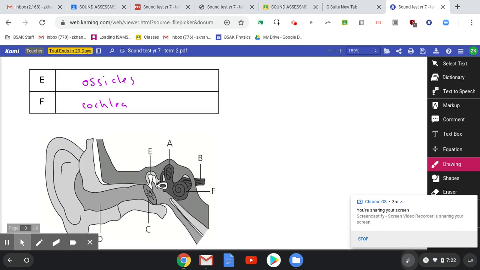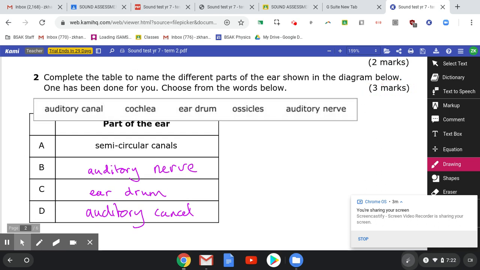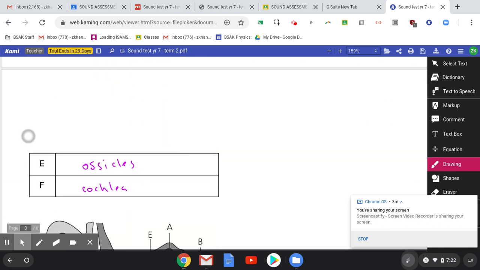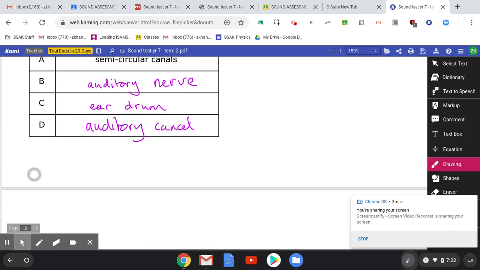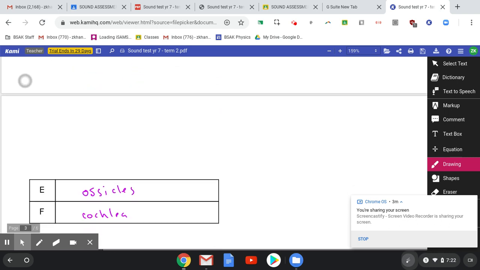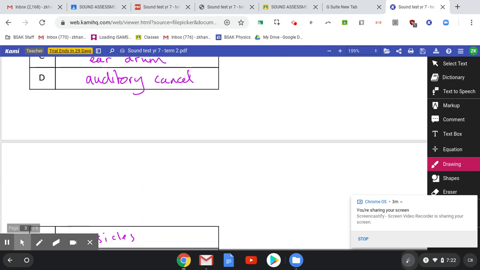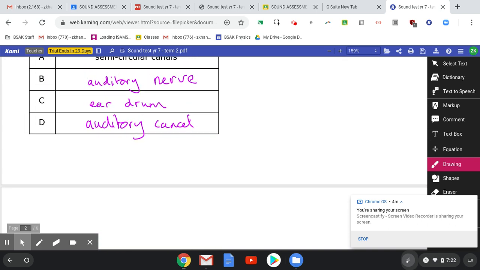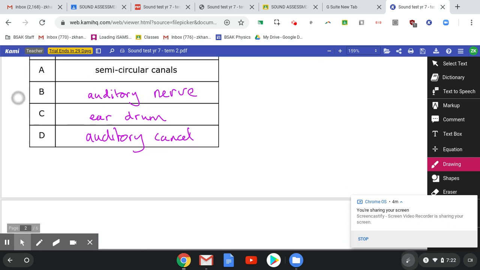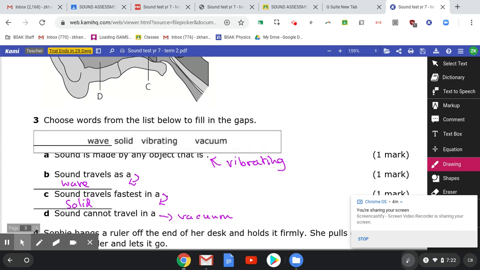Right, that's out of 3 marks. So if you get all 5 correct, that's 3 marks. If you get 1 wrong or 4 correct, that's 2 marks. And if you get 3 correct out of 5, that's 1 mark. And if you get 2 correct or 1 correct, then that's no marks, unfortunately.